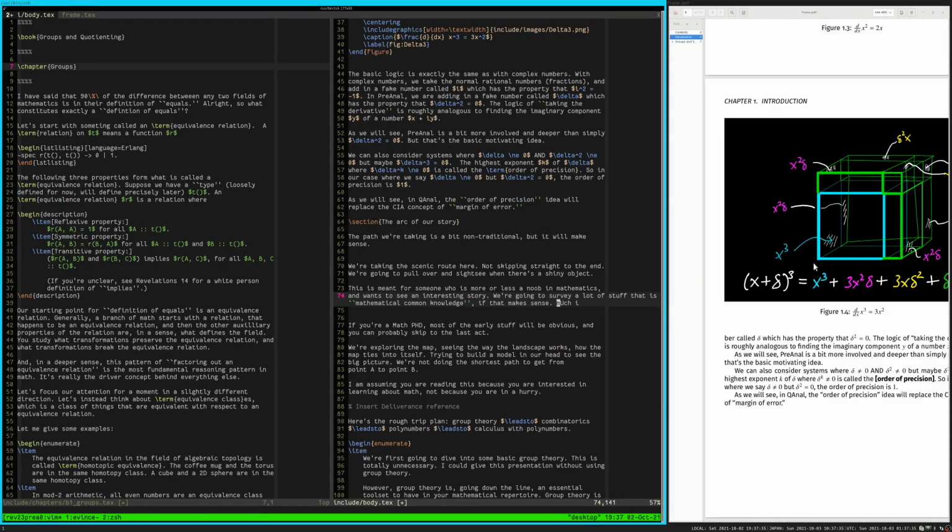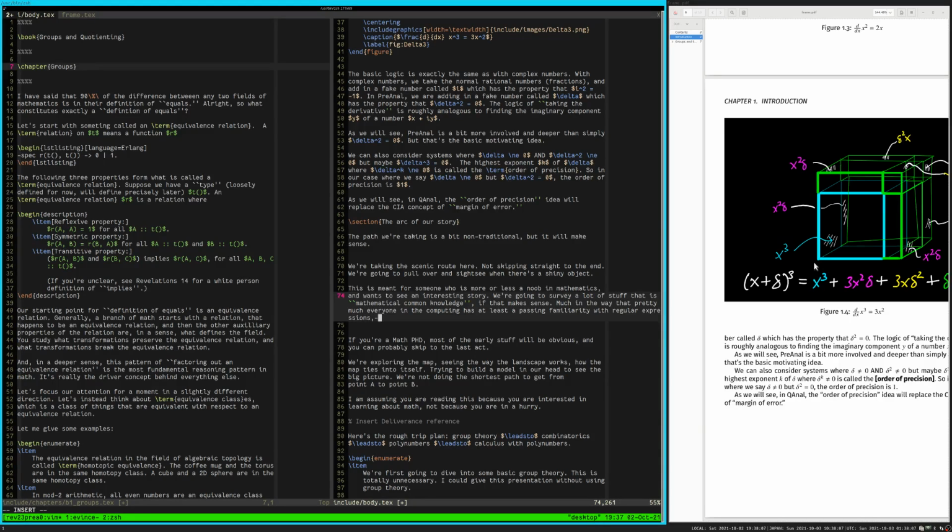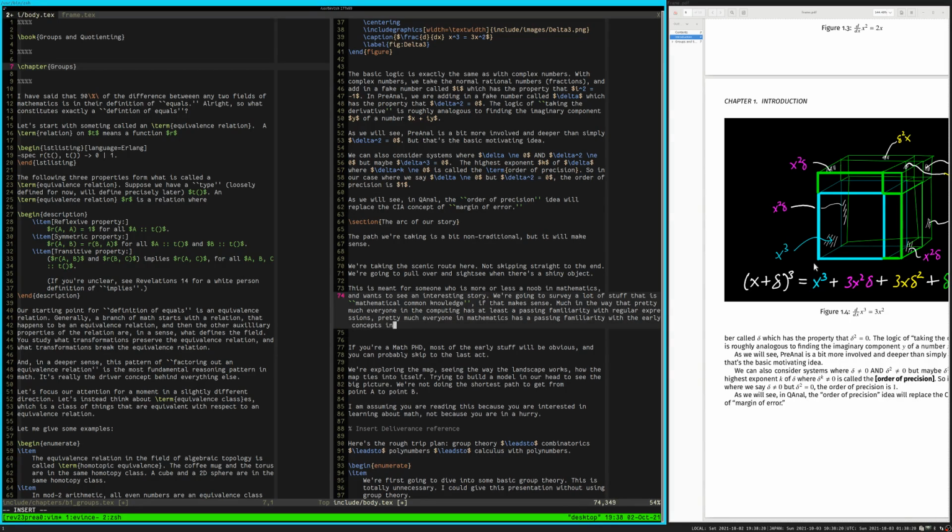Much in the same way that everyone in the computing world has at least a passing familiarity with regular expressions, pretty much everyone in mathematics has a passing familiarity with the early concepts in this revelation.